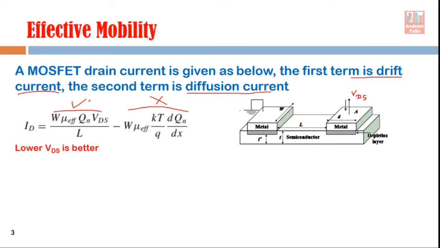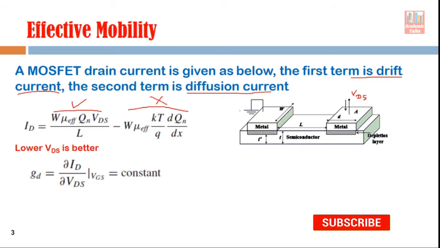So the first component, the drift component, is what we are going to consider in our further calculation. If VDS is lower, this component will dominate. And if we find the derivative of ID with respect to VDS, you can see this expression, the partial differentiation of ID with respect to VDS.